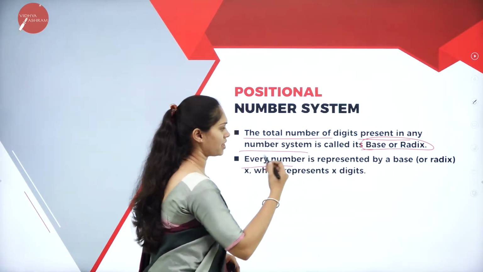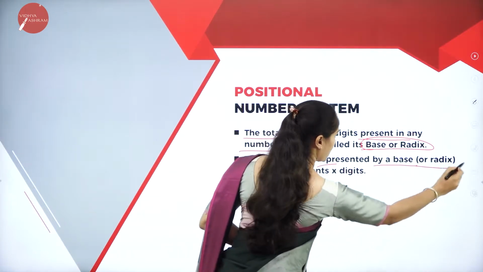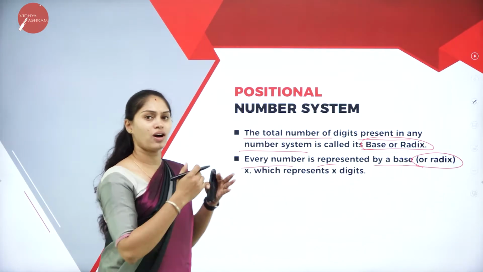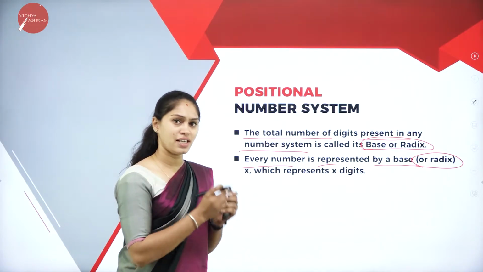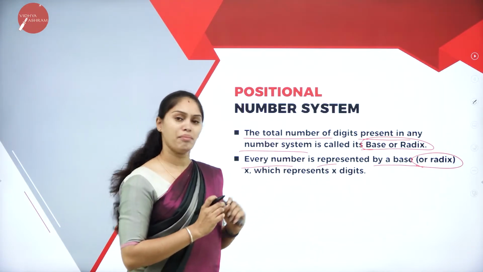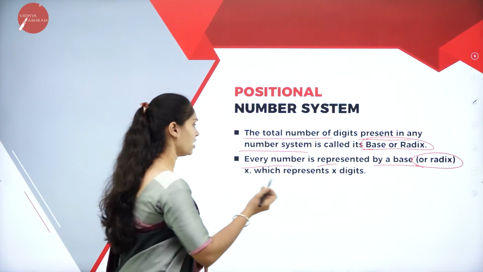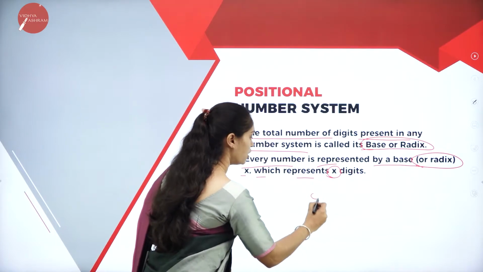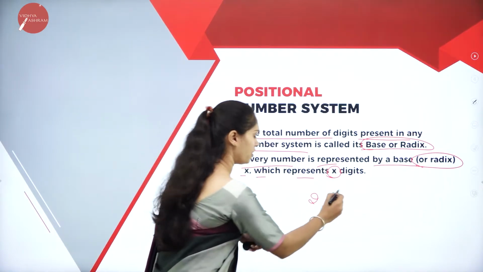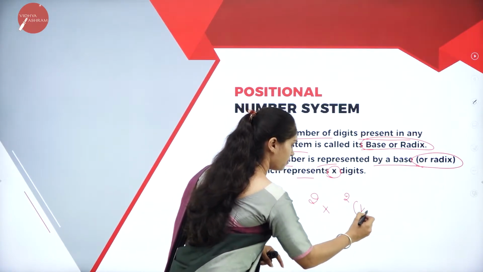So every number is represented by a base or radix. That is why we call this a positional number system. We are going to represent each number with its base or radix value. For example, 2 with subscript 10.